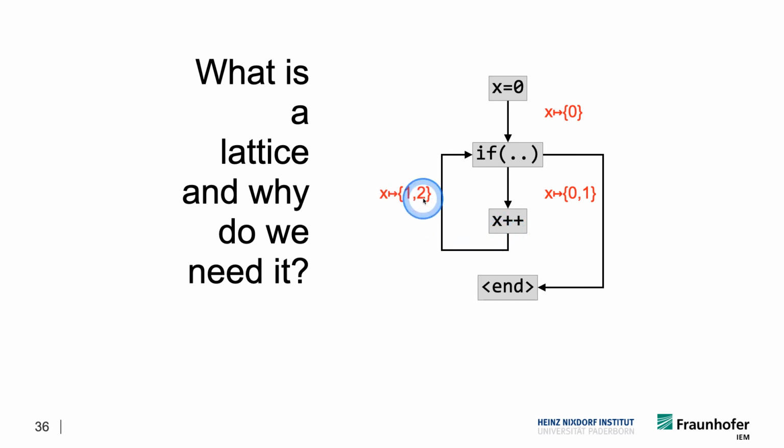So this means we now definitely know at this program point here, the value can only be either 1 or 2. And now we are merging this again. And now you see what's happening, right? So again, we're doing a set union over these right-hand sides, and the set is growing again, right? So now we are assuming x can point to 0, 1, or 2. And again, this is being propagated to this branch here.